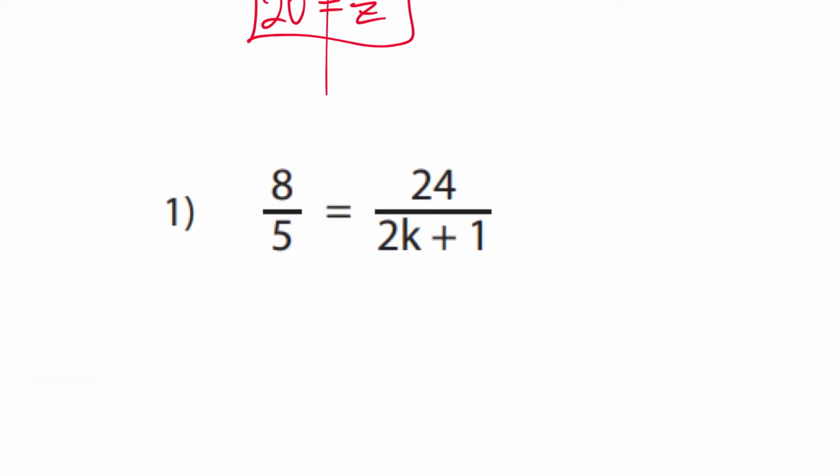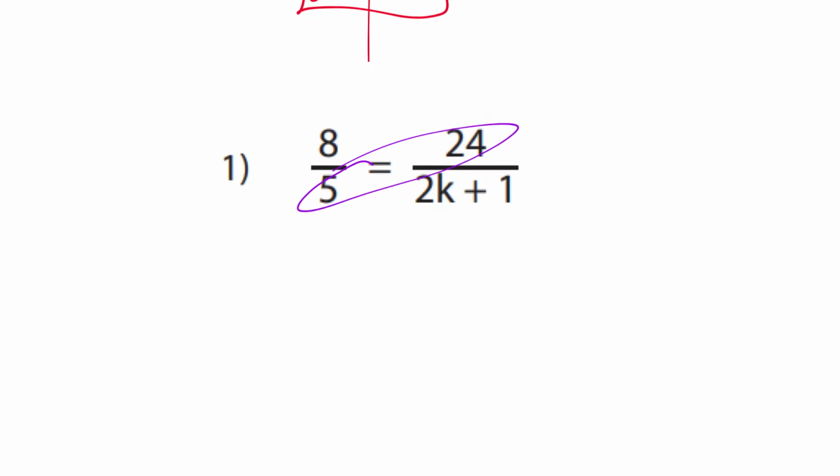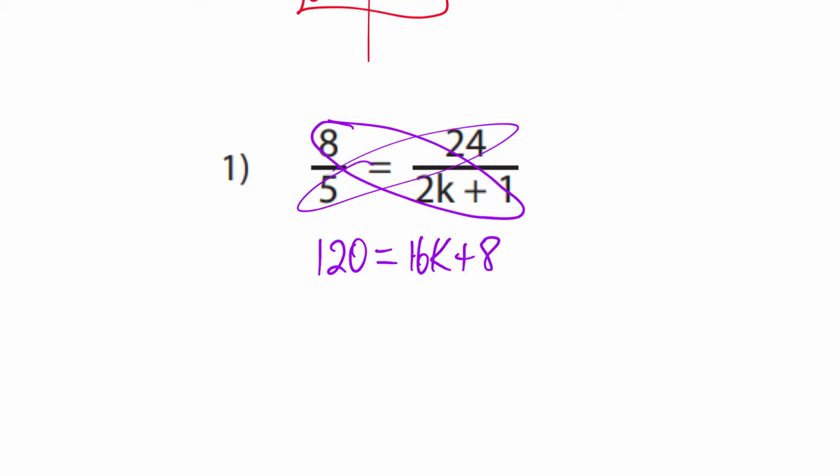Okay, on to the next one. So what's 5 times 24? Is 120 equals. We'll multiply this way. Now remember, when we multiply here, we have 2k and 1. So there's two pieces. So the 8 has to get distributed to both of those. Good. So it's 16k plus 8.